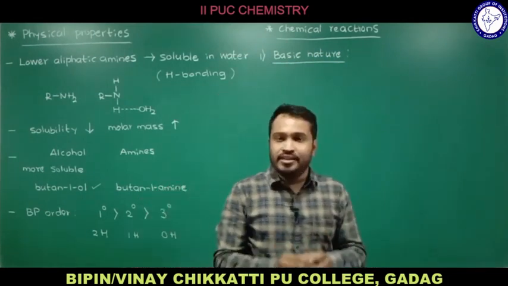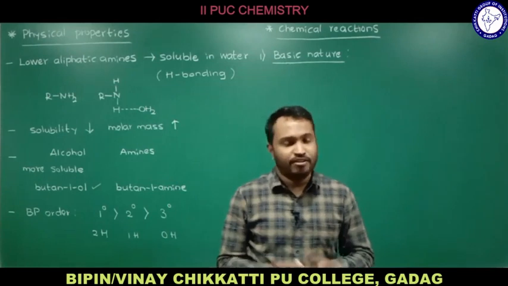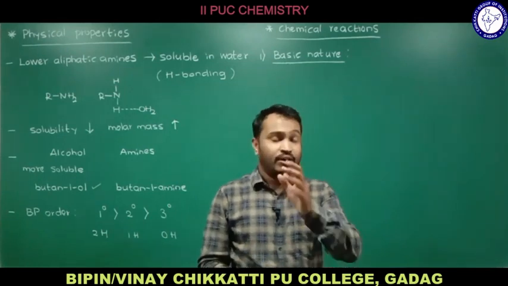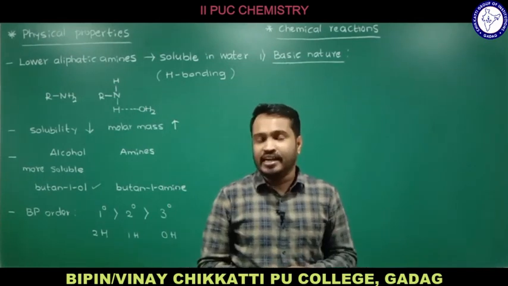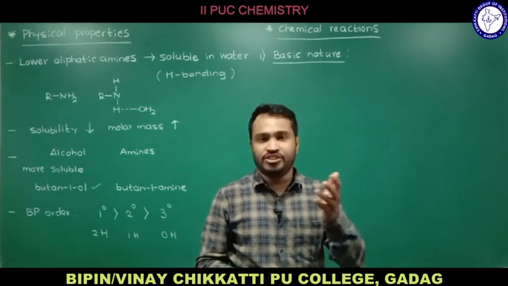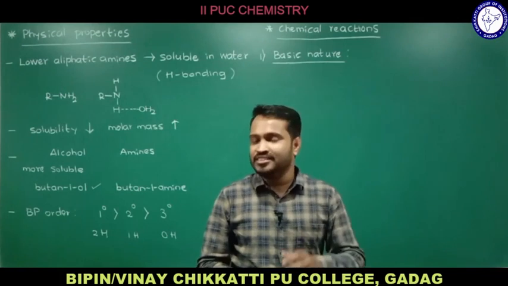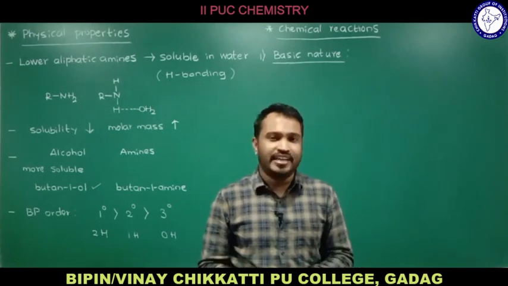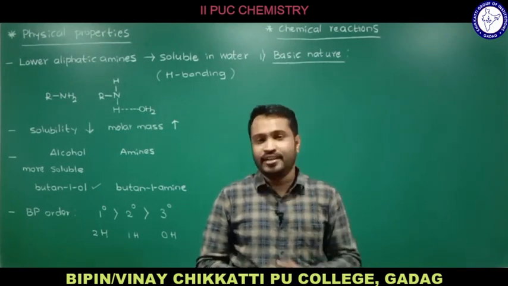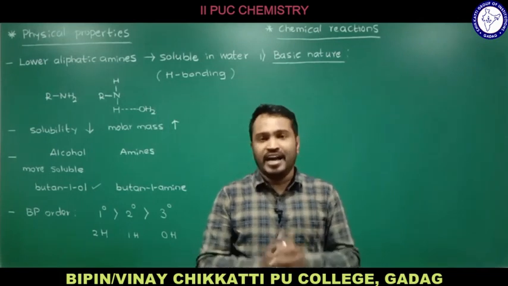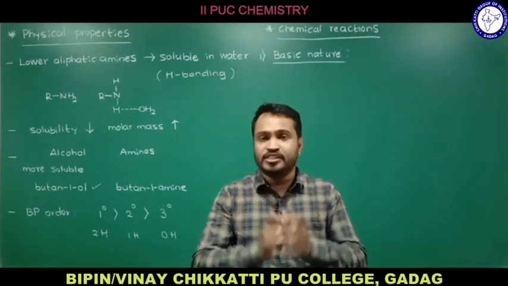Ammonia is basic in nature. We know this concept, and we also know some theories that explain the acidic and basic nature of compounds: the Arrhenius theory of acids and bases, the Bronsted-Lowry theory, and the Lewis theory of acids and bases. Know that ammonia is a Lewis base.